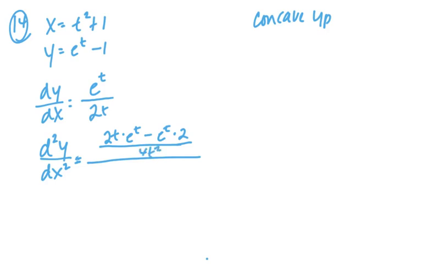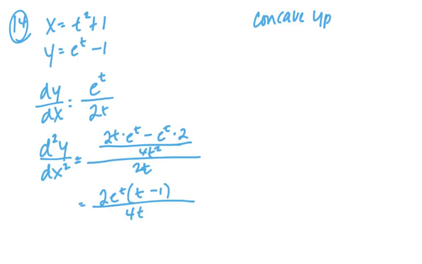And then on the bottom, we have the derivative of x with respect to t, and that's 2t. So this gives us, let's simplify the top. We have 2t, we can factor out an e to the t, and a 2. So we have a 2 e to the t, and we're left with t minus 1.